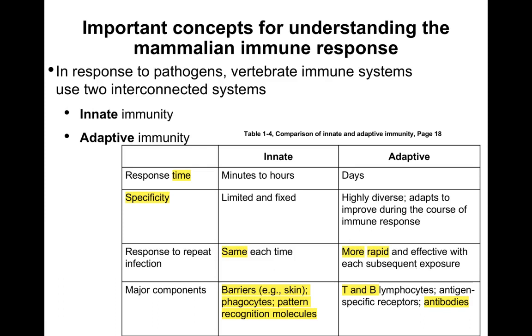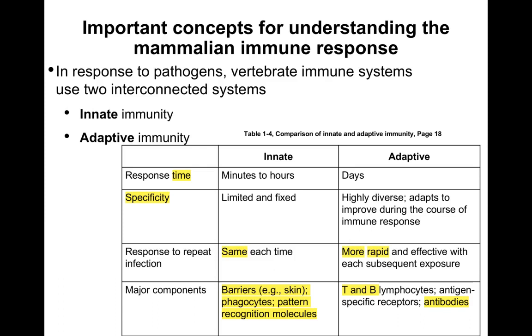The main components are different between the innate and adaptive. In the innate, we consider barriers such as the skin and chemical barriers such as the pH or acidity, phagocytic cells, cells that eat and destroy microbes, and those pattern recognition receptors that can detect conserved structures that exist on many different microbes.